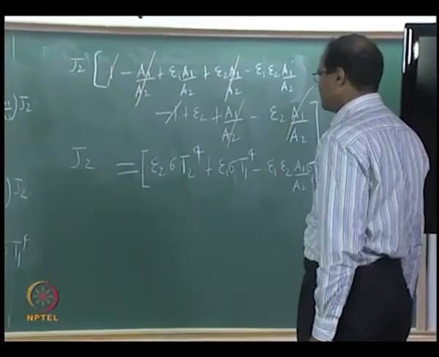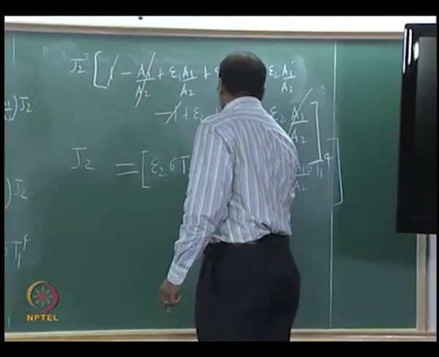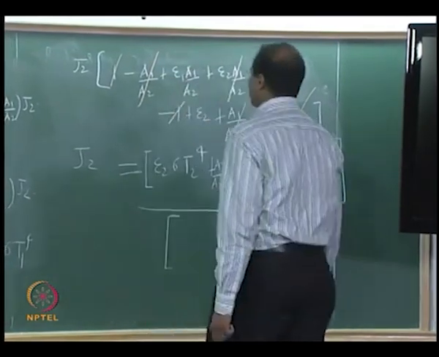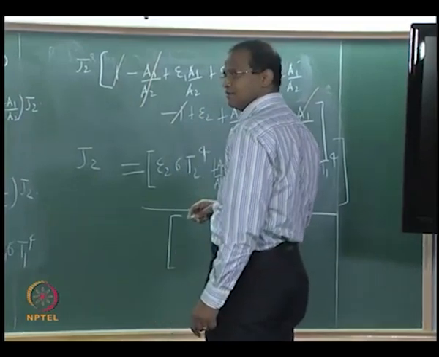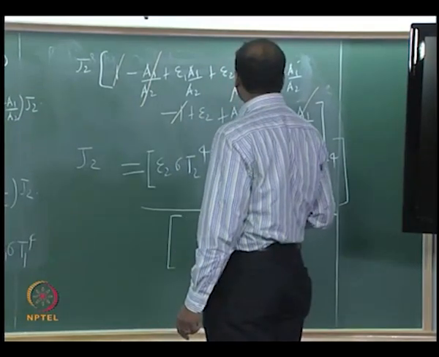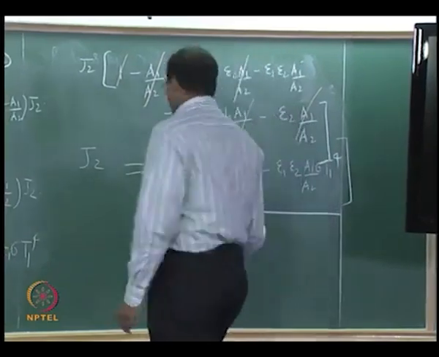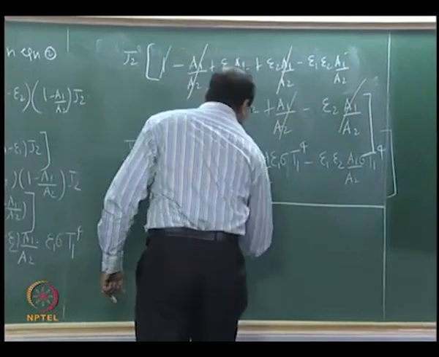Tell me. Okay, correct. Tell me the denominator. A1 by A2 can be taken outside. Why? Epsilon 2, we can take out, right? Epsilon 1.